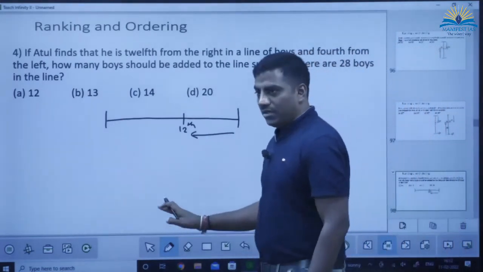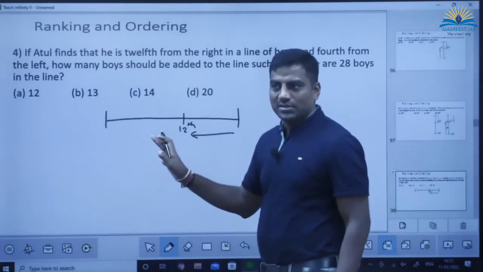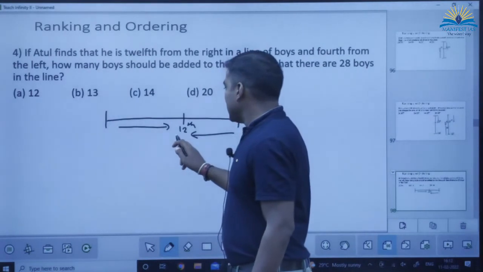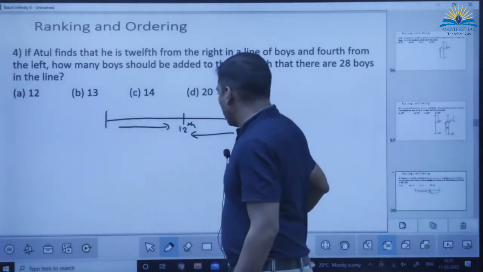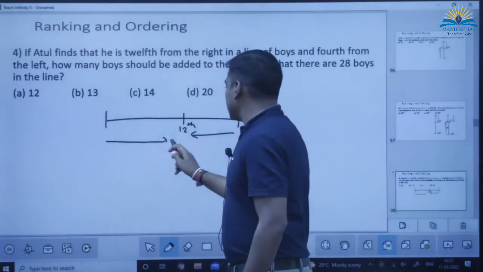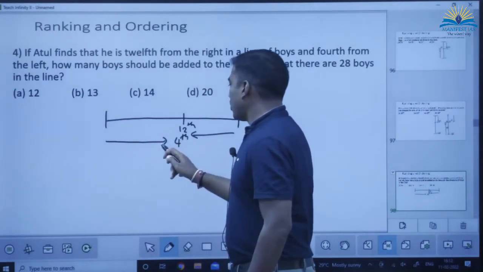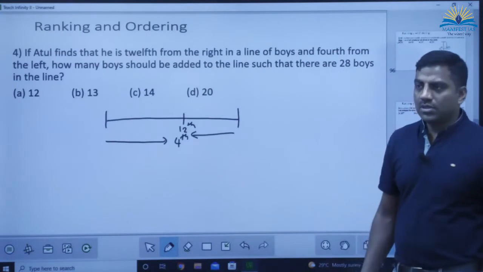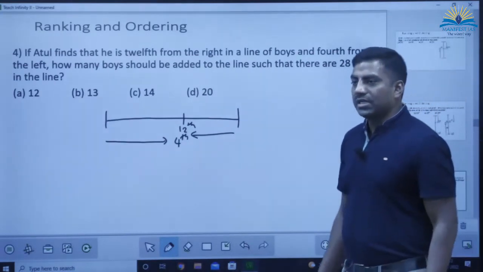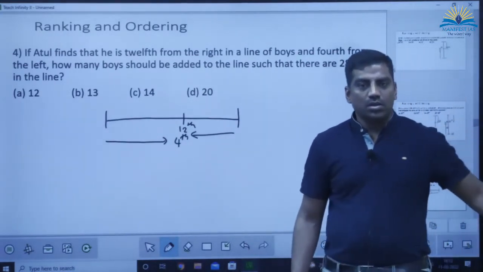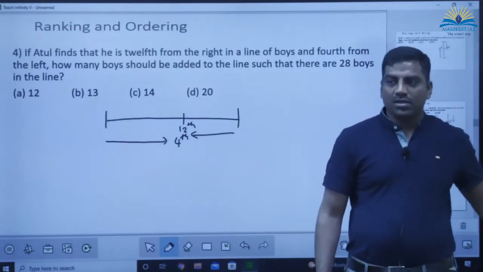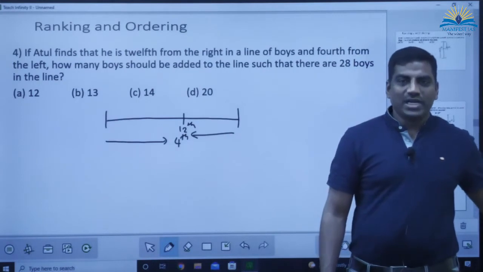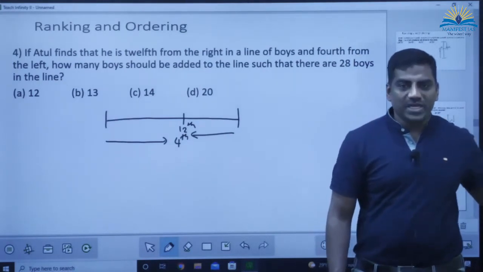My diagram should be proportionate, but sometimes it is not. So this position is 4th from left and 12th from right. How many people are there in the row? 15. 12 plus 4 minus 1, 15.